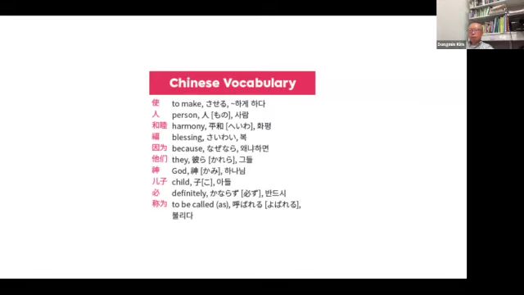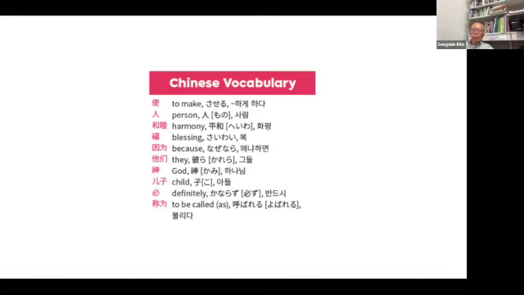And the conjunction 因为, which means because. Japanese なぜなら, Korean 왜냐하면. The next one, 他们, which means they. Japanese 彼ら, Korean 그들.